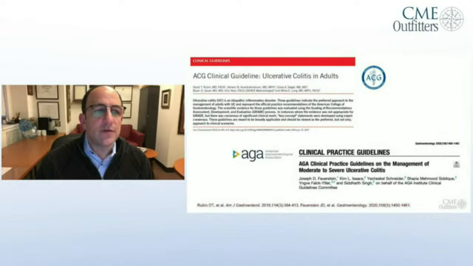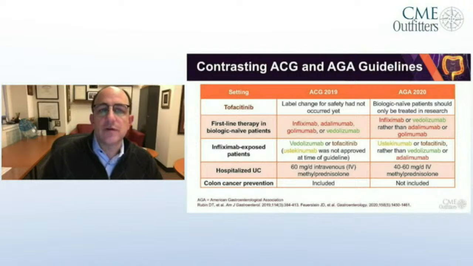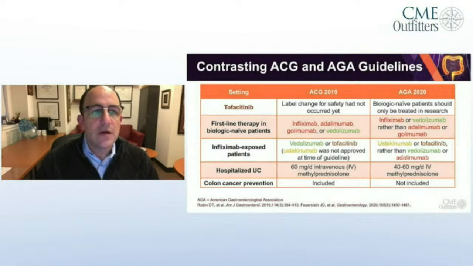Before I get into some of the differences related to therapies, I'm going to start at the bottom of the table just to show you that they both include hospitalized patients, although they talk a little bit about some different ranges of steroids, which are minor. But the ACG guidelines also included updates regarding colorectal cancer prevention in our colitis patients.